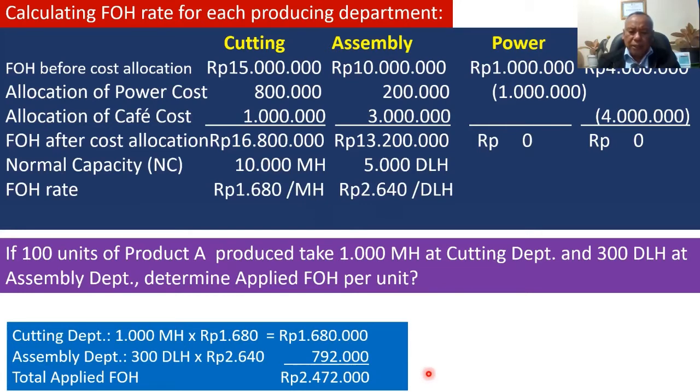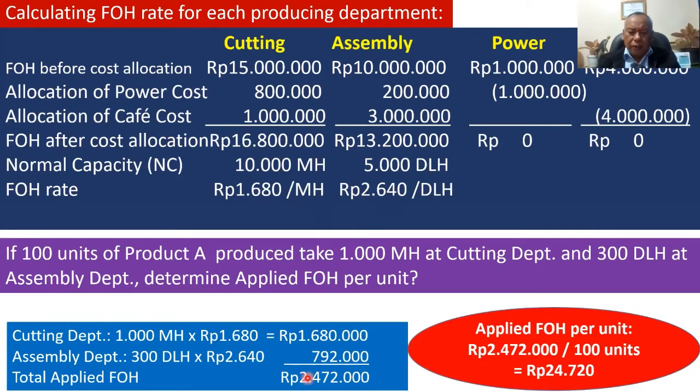So 2,472,000 divided by 100 units produced. So we find 24,720 rupiah per unit of product.